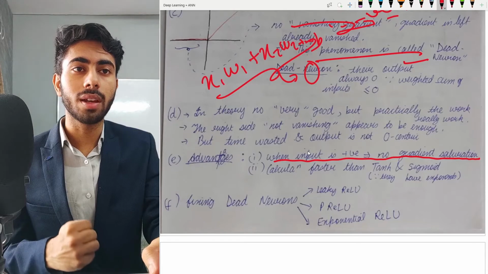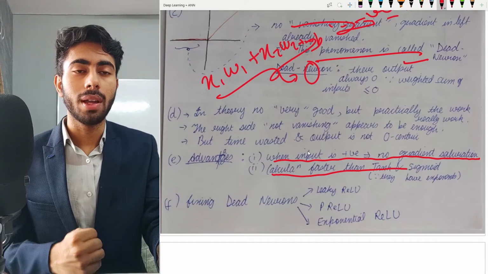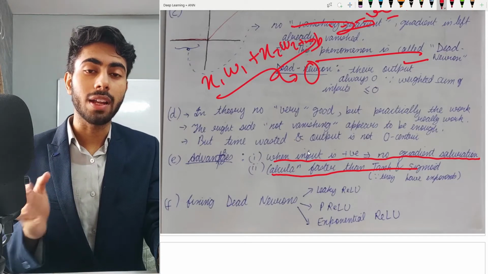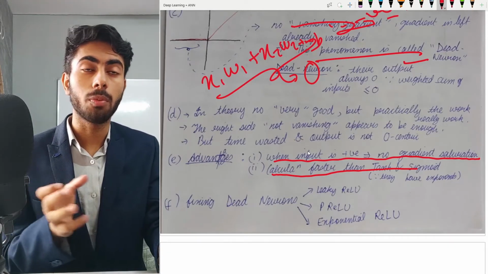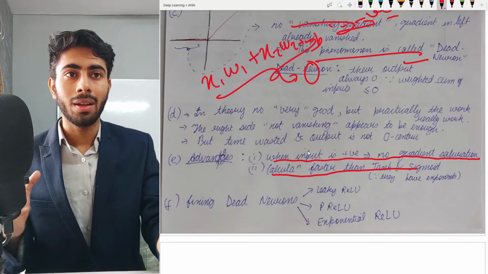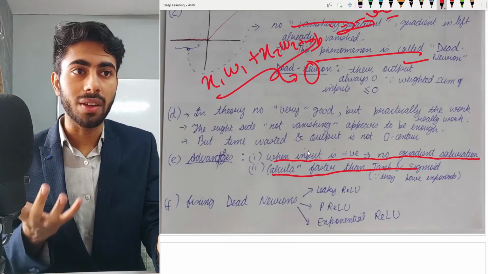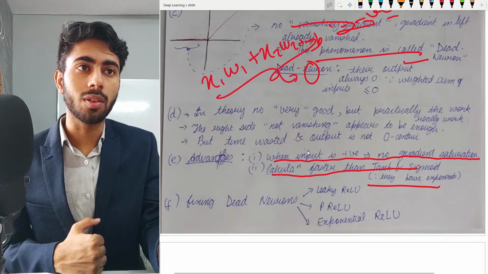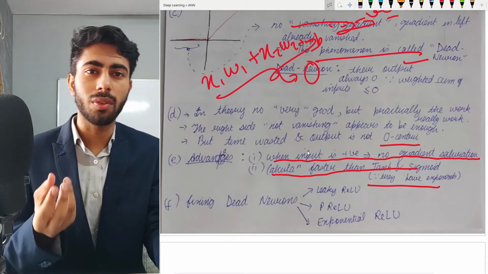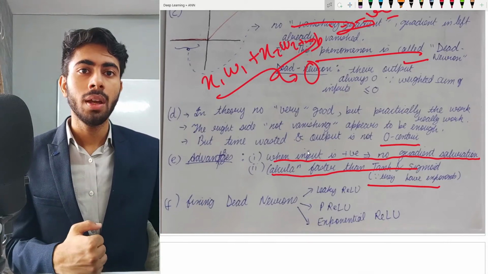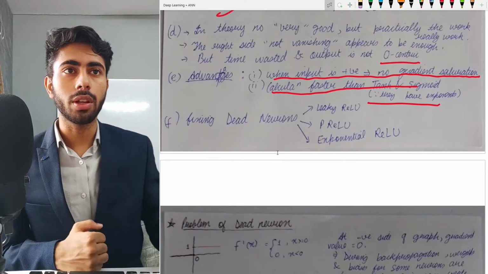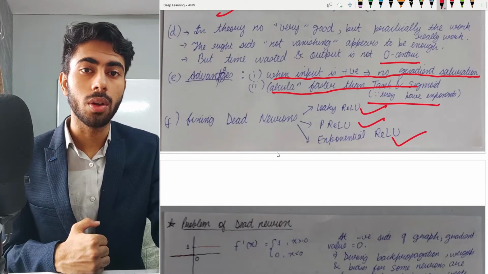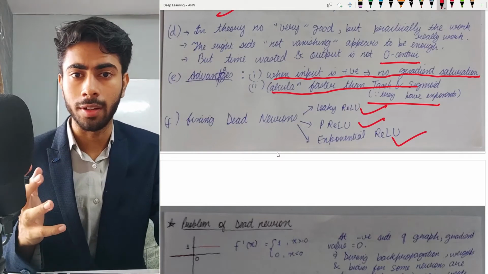Also, since there is no power operation or any complex terms involved in this activation function, and in tanh and sigmoid the formulas involve power operations, this activation function is faster than tanh and sigmoid. Also, this function is not zero-centric, therefore during the weight update it will not be that efficient. Now, in order to solve the dead neuron issue, variants of ReLU were developed, which are leaky ReLU, PReLU and exponential ReLU. And now I'm going to discuss each of these variants.